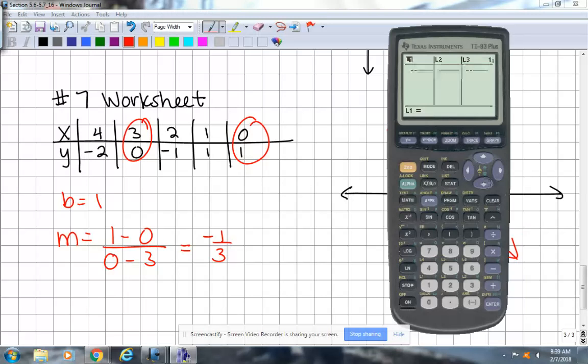I think you might have to go down and then go over and then go back up. Highlight L2 and hit clear. Did that clear your list? Did it clear both lists? I just need L1 and L2. All right, does anybody not have a clear L1 and L2?